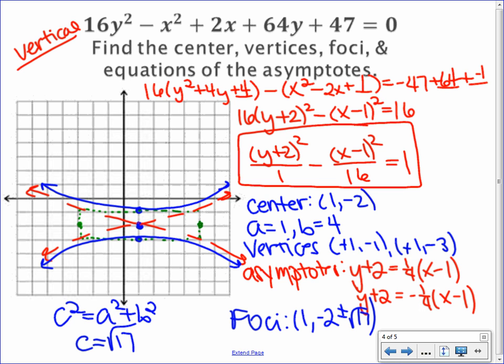And the square root of 17 is just over 4 from the center. 1, 2, 3, 4. I just miscounted. Thank you.